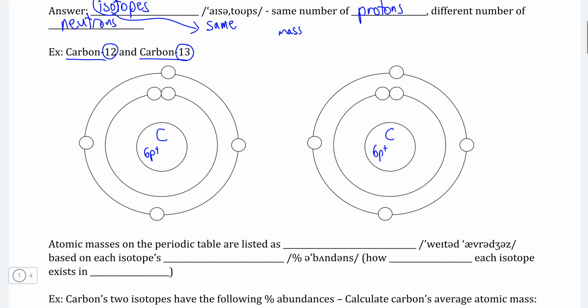The only difference then is the atomic mass. So if carbon-12 has a mass of 12 and 6 protons, that would mean that it has 6 neutrons in order to get an atomic mass of 12. But as we see, when we calculate the number of neutrons for carbon-13, we see that there would actually be 7 neutrons, which explains the difference in atomic mass between the two.